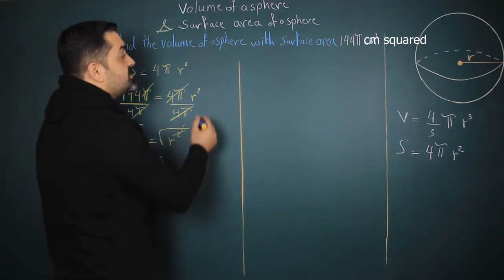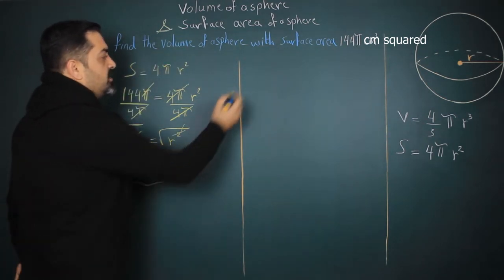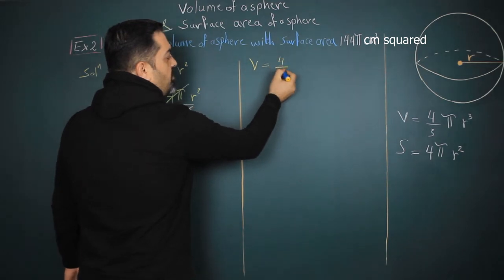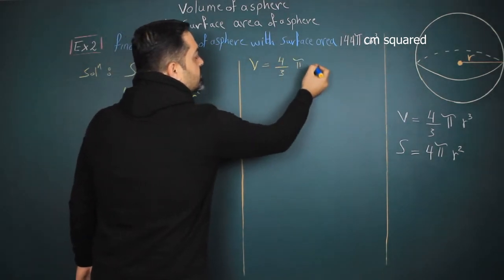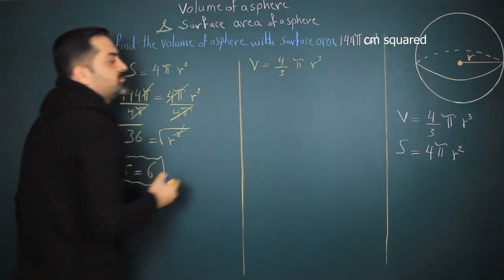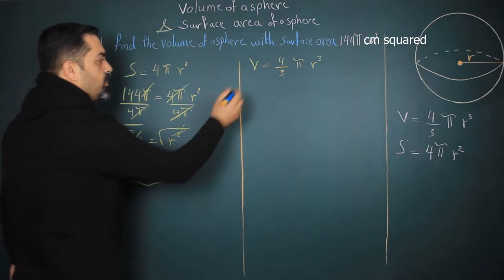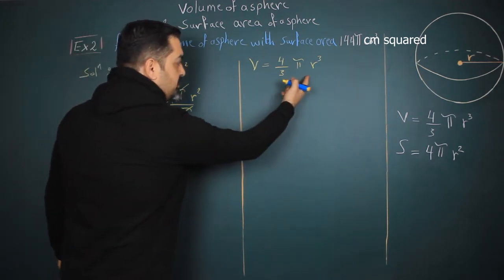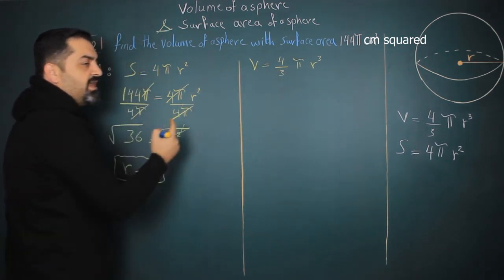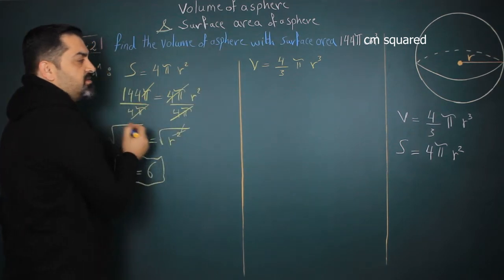Next, let's write the formula of the volume of a sphere. The volume of a sphere is equal to 4 over 3 times pi times r cubed. Now, all we need to do here is plug in the value of r in the formula of volume of a sphere.